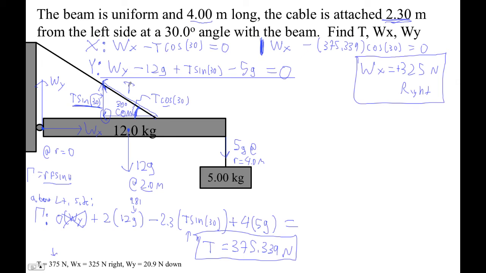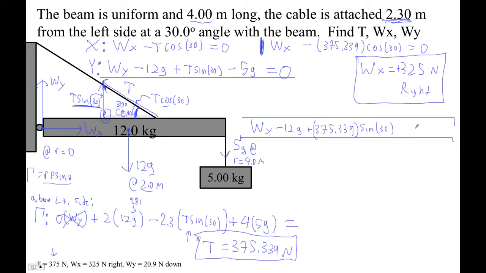All right, now we got to solve for the wall in the y direction. Okay, so let's set that bad boy up. Wow. All right, here we go. Okay, so wall in the y direction minus 12g plus, what is our 375.339 times the sine of 30, right?